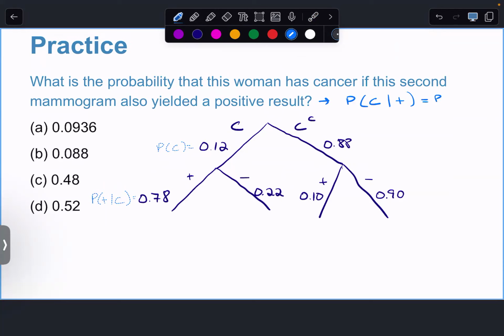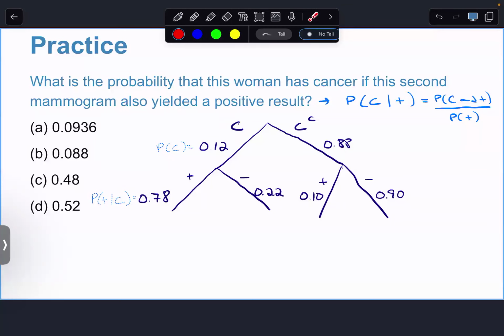Which is the same thing as the probability of C and plus divided by the probability of plus. We already did that math once, but let's do it again with different numbers, right? Because we've altered the probability of this person having cancer.